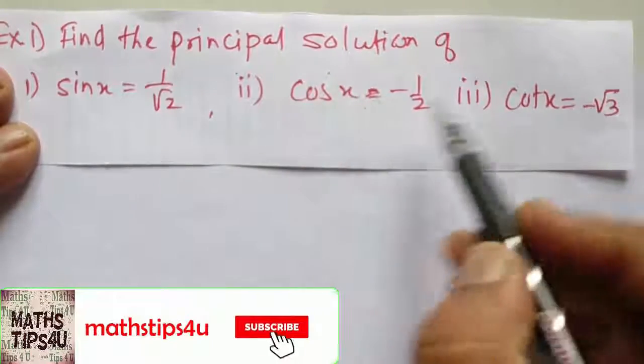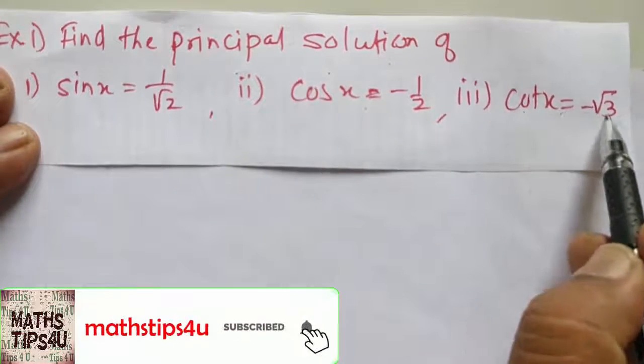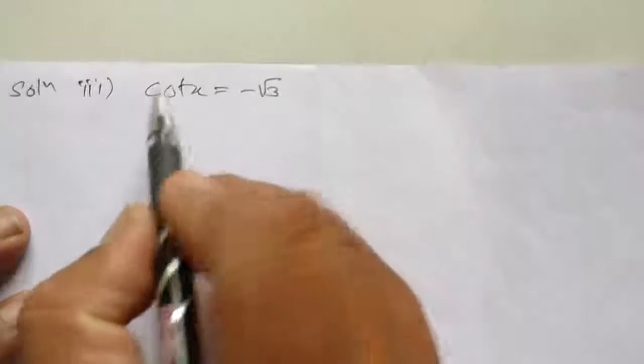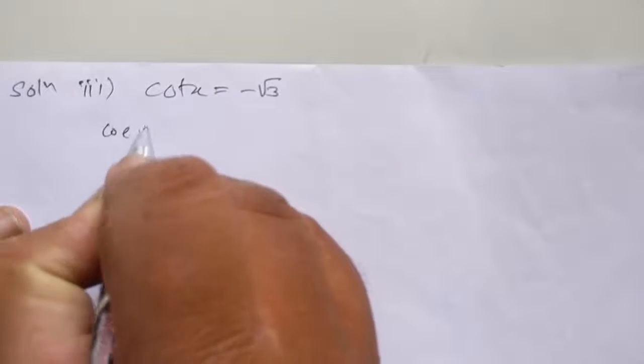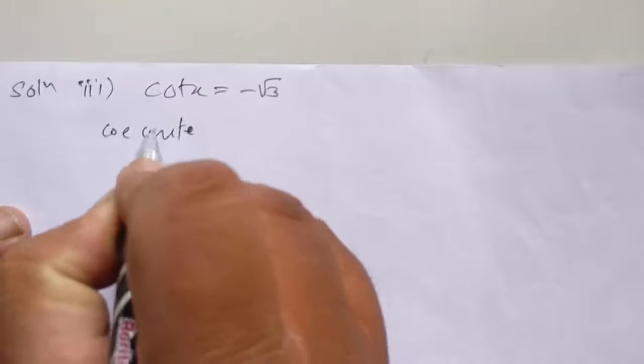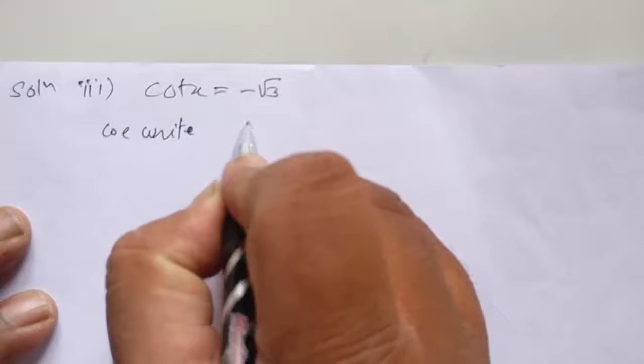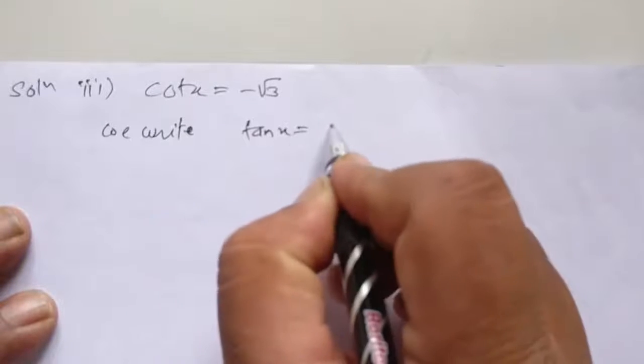Third example, cot x is equal to minus root 3. Solution: cot x is equal to minus root 3. We write tan x is equal to minus 1 upon root 3.